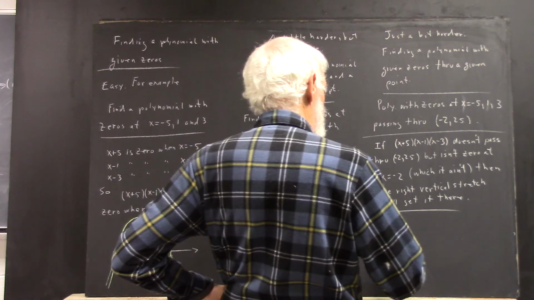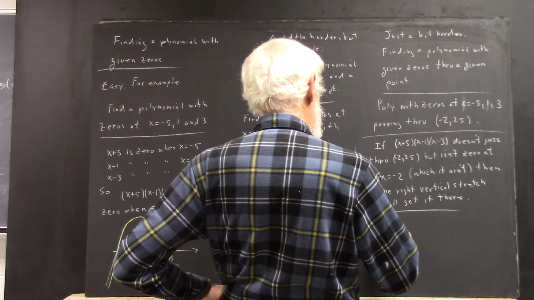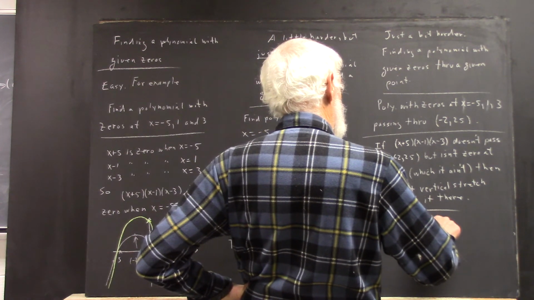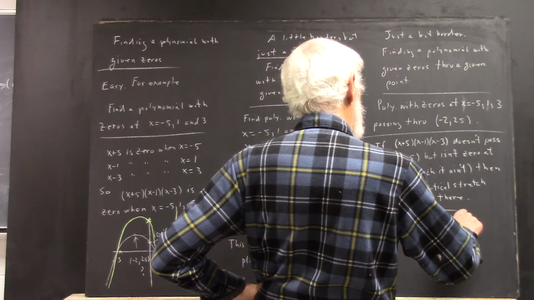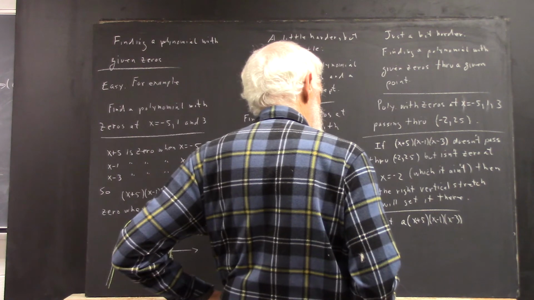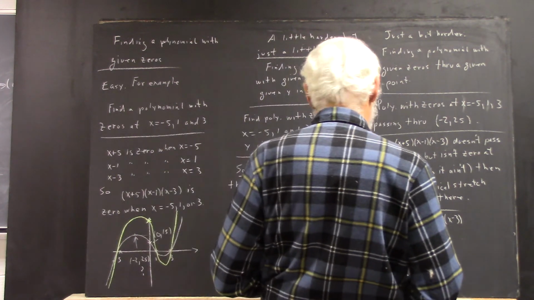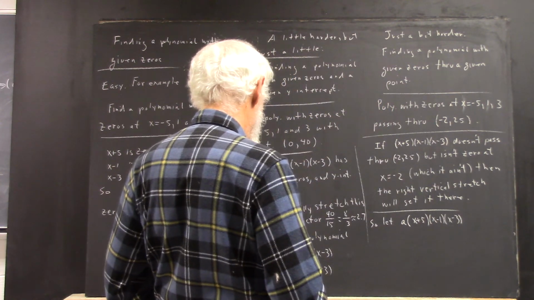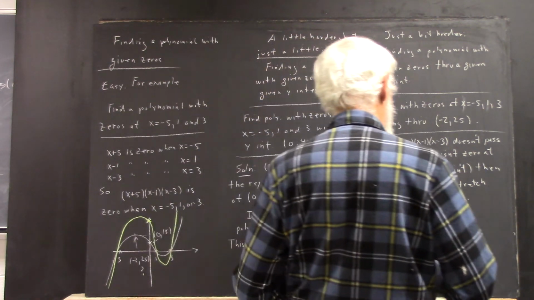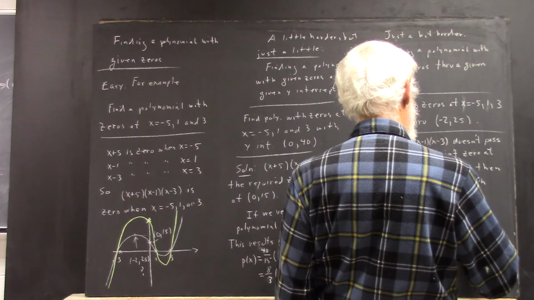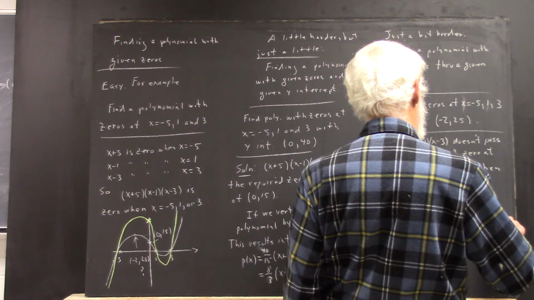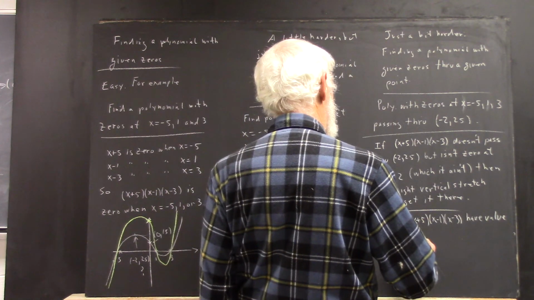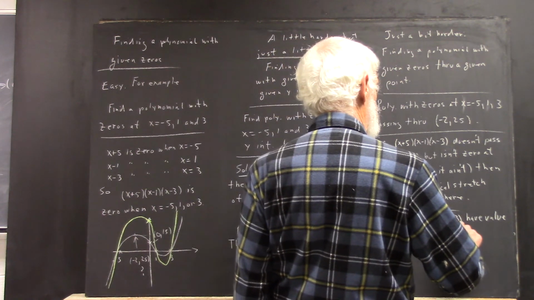So let's let A times x plus 5 times x minus 1 times x minus 3, yeah, kind of a little bit like this, have value 25 when x equals -2.